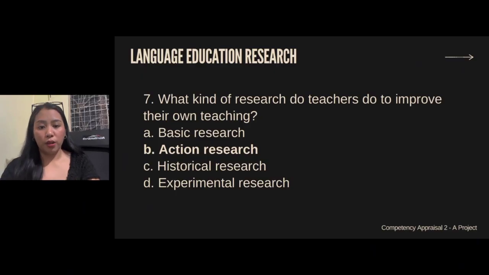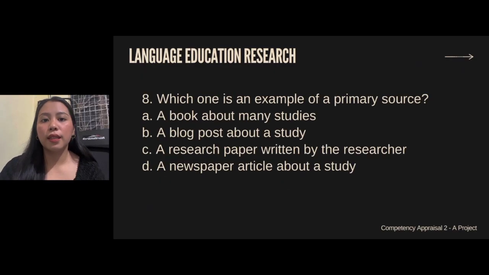Number 8, which one is an example of a primary source? A, a book about many studies, B, a blog post about a study, letter C, a research paper written by the researcher, letter D, a newspaper article about a study.